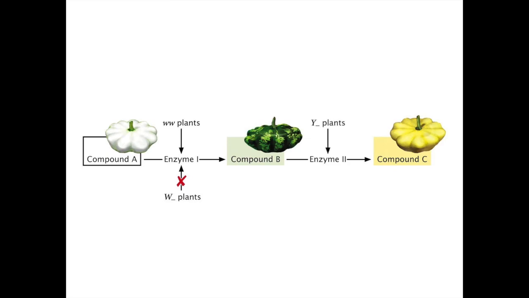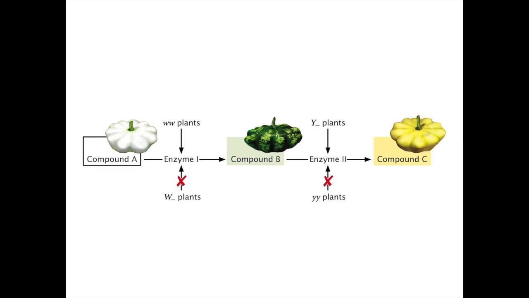Plants with the dominant yellow gene produce enzyme 2, which converts compound B into compound C, producing yellow squash. If you're homozygous recessive for the yellow gene, you cannot form a functional enzyme 2.